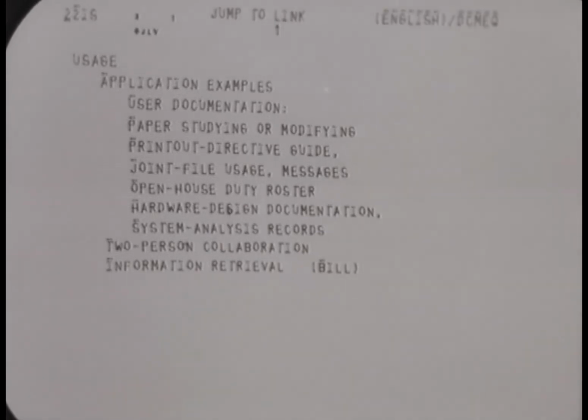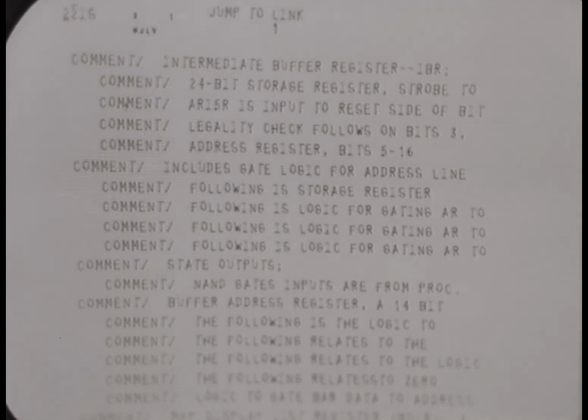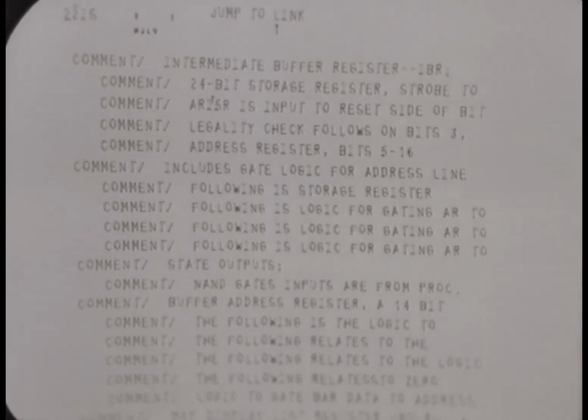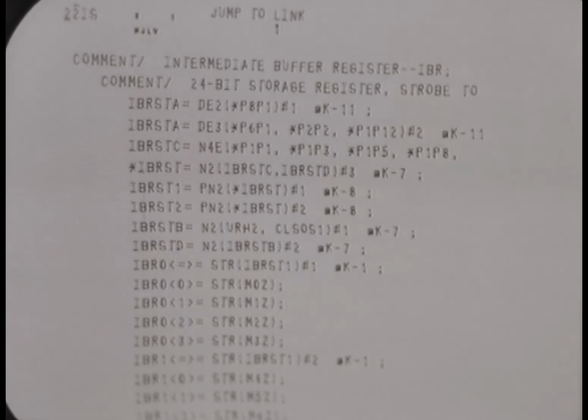I'll just jump very quickly to that, just to show you that we use the same kind of structured stuff in the design of our hardware, where here is the design of a buffer register, and these are the different components labeled by comments in a language that's going to digest this file and produce a wiring list. We can open up another level and see that underneath of these are all the logical equations. We can come in just as quickly as anything, search down, search for different patterns, jump on links, modify them, put them out, recompile them, and we're back.